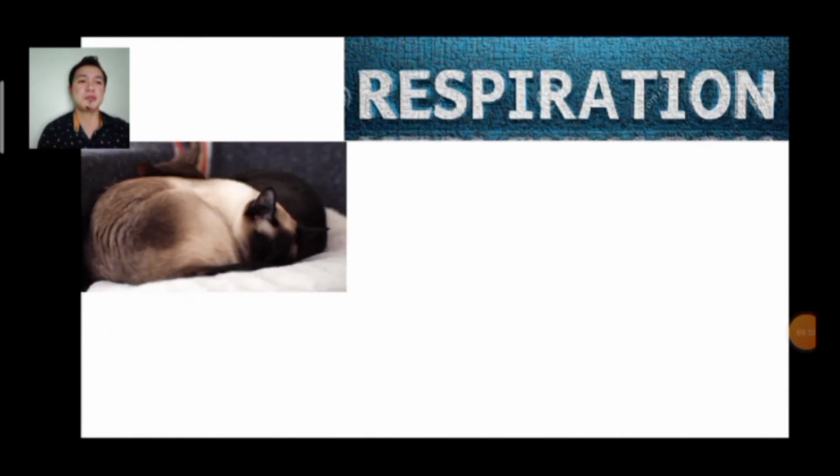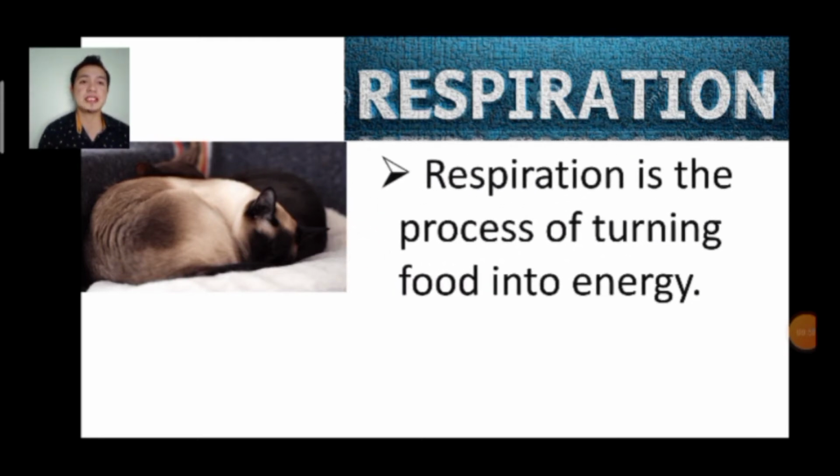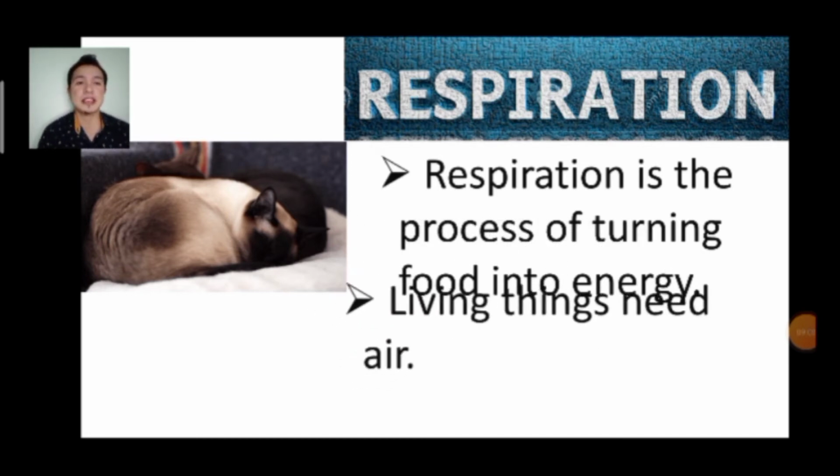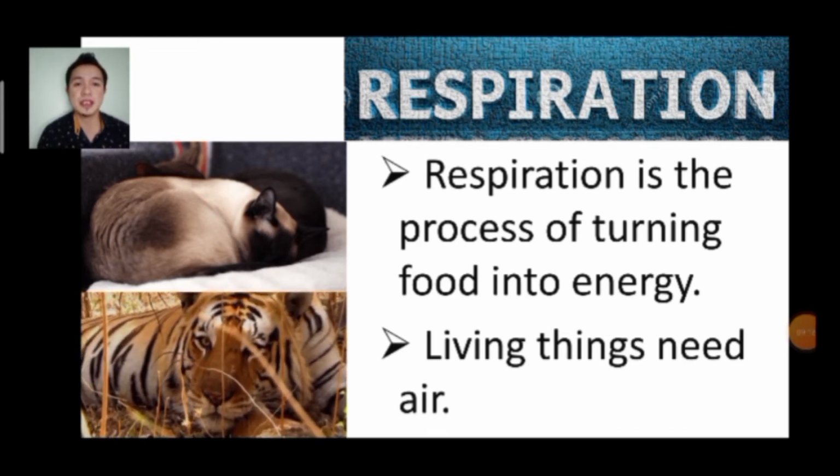Alright, the respiration. What do you mean by respiration? Look at this. Okay, respiration is the process of turning food into energy. Alright, so remember, living things need air. Look at the pictures there. These animals are actually breathing.